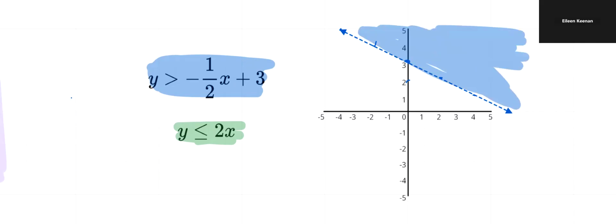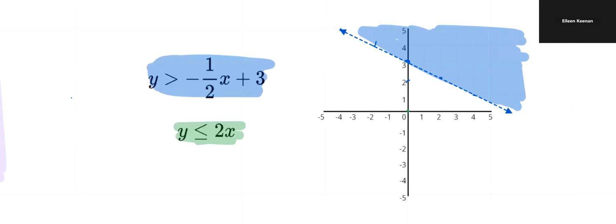Then we have y is less than or equal to 2x. So we're going to have a solid line. I'm just changing my settings real quick before I start grabbing my points. So when we don't have a plus or minus a number at the end there, it's just 0. Our y-intercept is going to be 0.